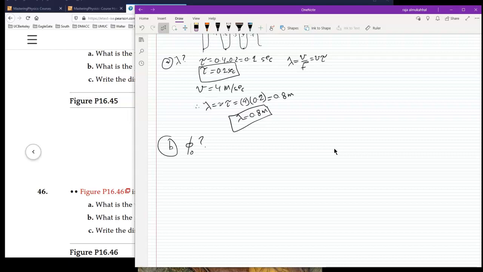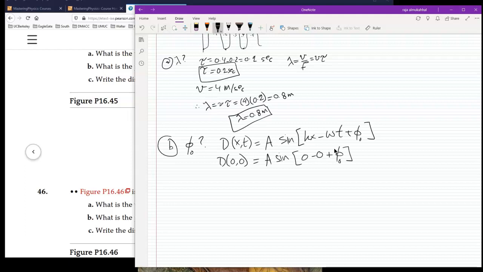So basically, the displacement function d(x,t) is equal to, let me just write it down, sine of kx minus omega t plus phi naught. Remember, I put minus here because he says it's moving in the positive x direction. So now, d of 0, 0, so that will be a sine of 0 minus 0 plus phi naught, right?